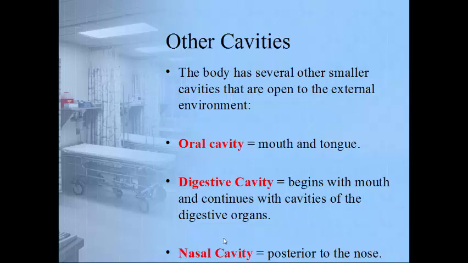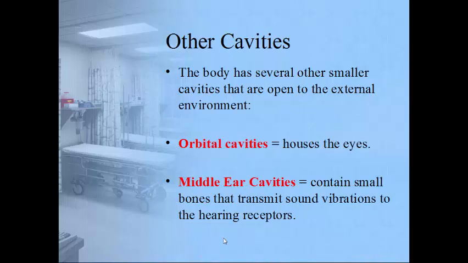The nasal cavity, this is including and just behind the nose, where your sinuses and nostrils are. The orbital cavities will house the eyes. Orbit is a reference to eyes. And the middle ear cavities, these have the smallest bones that you have in your skeleton. These will help you transmit sound into being able to interpret that sound and be able to understand what you're hearing.